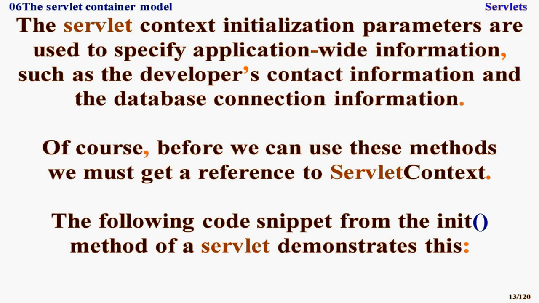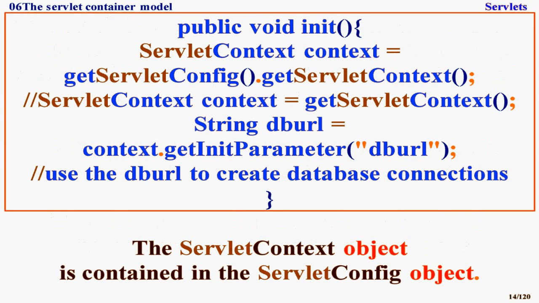The following code snippet from the init method of a servlet demonstrates this. public void init() { ServletContext context = getServletConfig().getServletContext(); ServletContext context = getServletContext(); String dburl = context.getInitParameter("dburl"); // Use the dburl to create database connections. } The servlet context object is contained in the ServletConfig object.